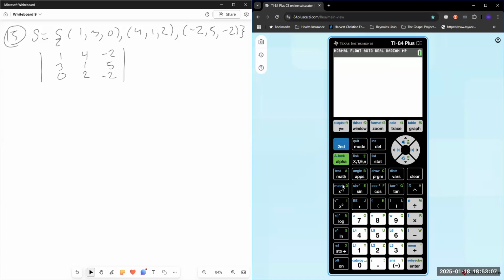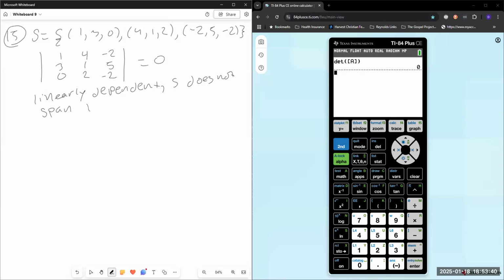And we want second matrix, math, determinant, second matrix A. And it has a determinant of 0, which means that they're linearly dependent. And that means S does not span R3.